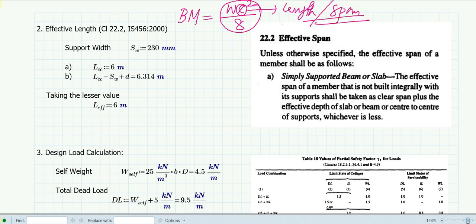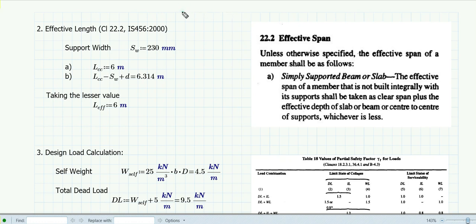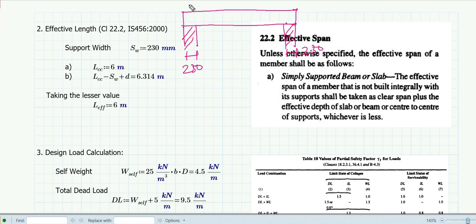Now there is a question. Suppose you have a beam. This is the beam, it's a 3D beam, and we have a support over here, and the support width is 230. This is 230, right? And it's given that from center to center of the support we have a span of 6 meter.